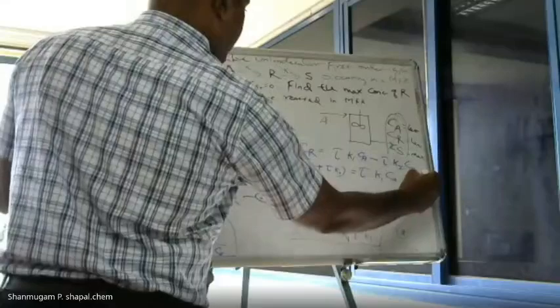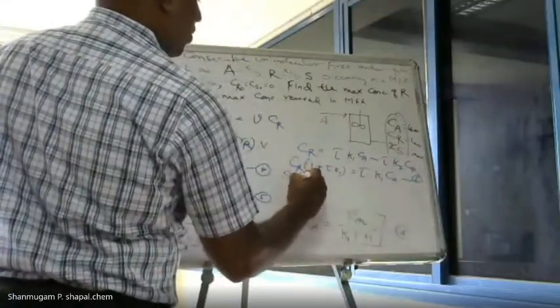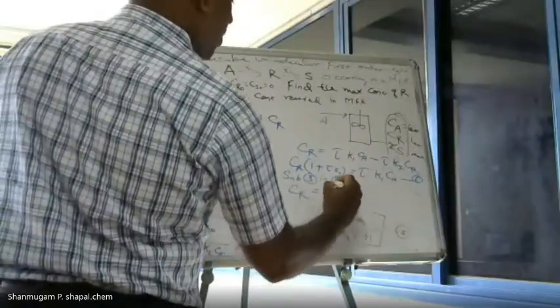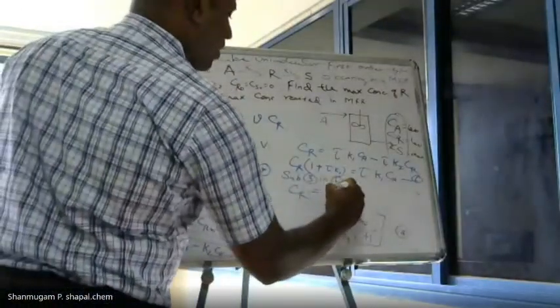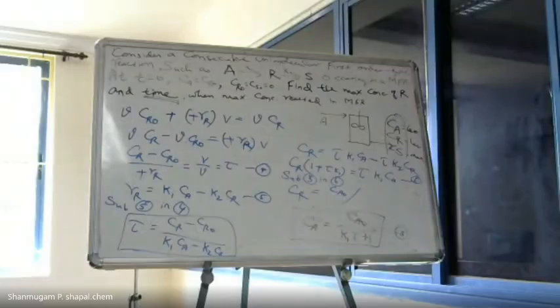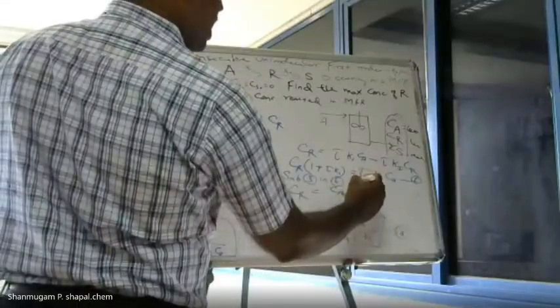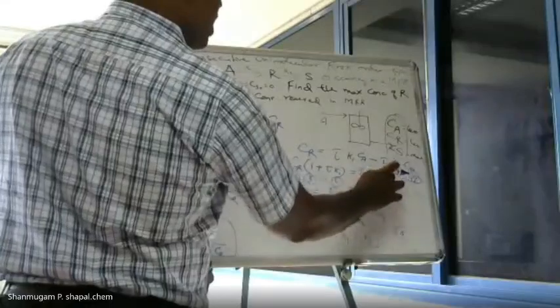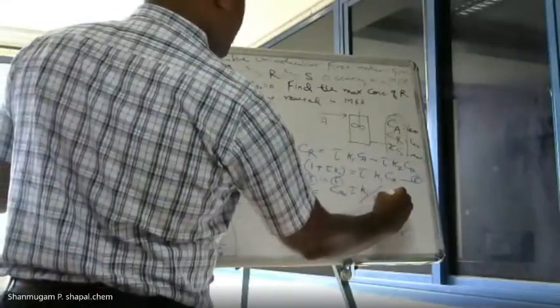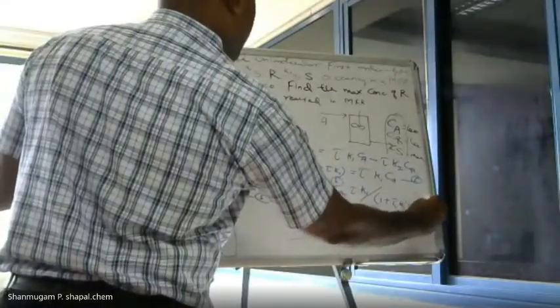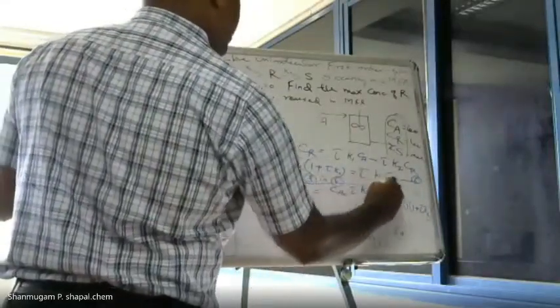This is maybe 6. So substitute 3 in 6. So CR equal to CA naught tau K1 divided by 1 plus tau K1 into 1 plus tau K2. So this is our CR.